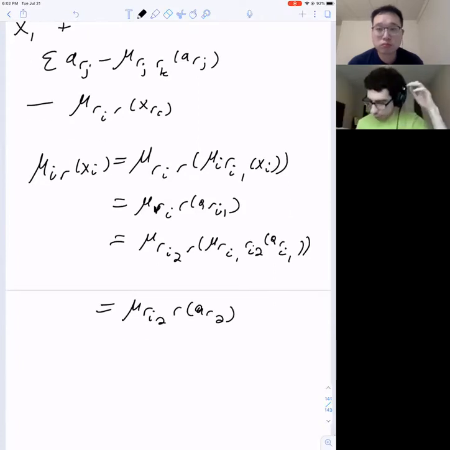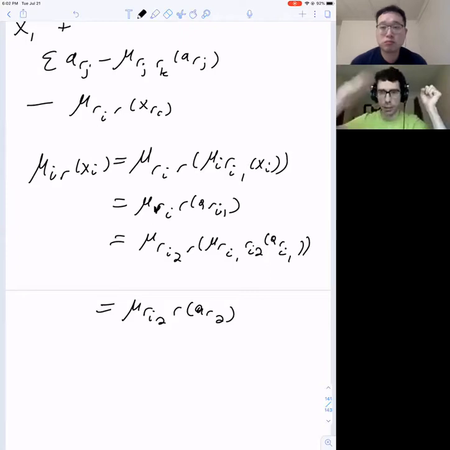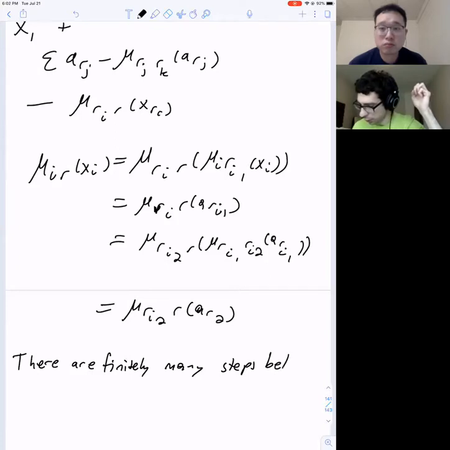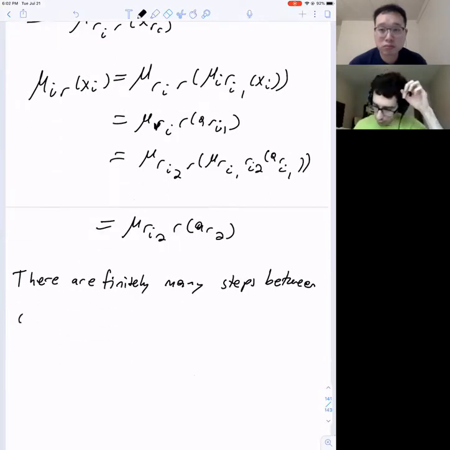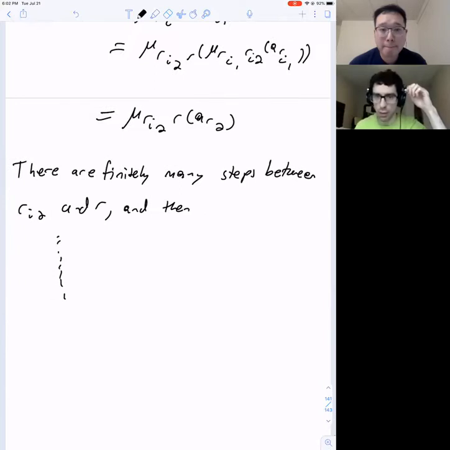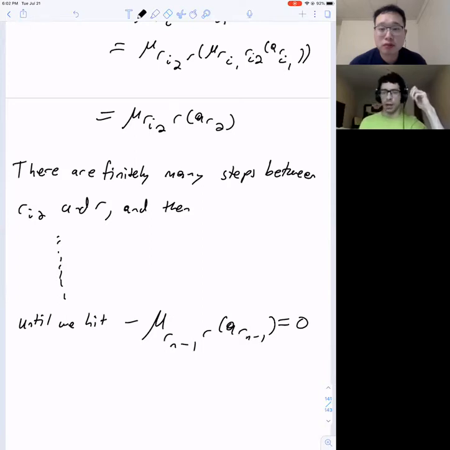So what I'm trying to say is all these elements map and they collapse down. There are finitely many steps between RI2 and R, and then we keep going until we hit negative mu R n minus 1 R of A R n minus 1 equals 0. That's what I wanted.